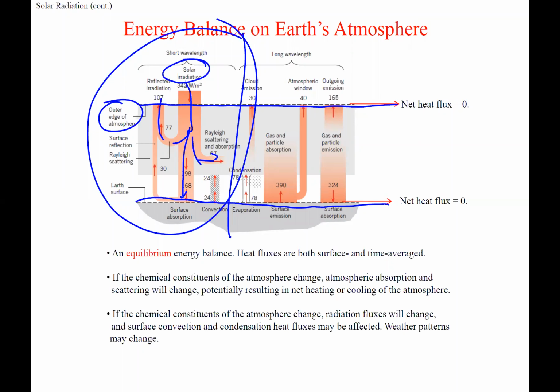There are different portions of that, what gets reflected off of the surface. And then we have what's leaving the Earth. Some of that gets absorbed in gas and particles, and some of that makes its way back from those gas and particles. Some of it makes its way out of the atmosphere. So you see these different components going on here.